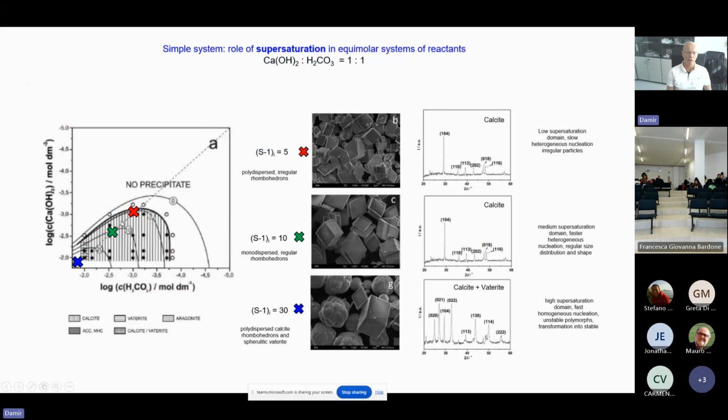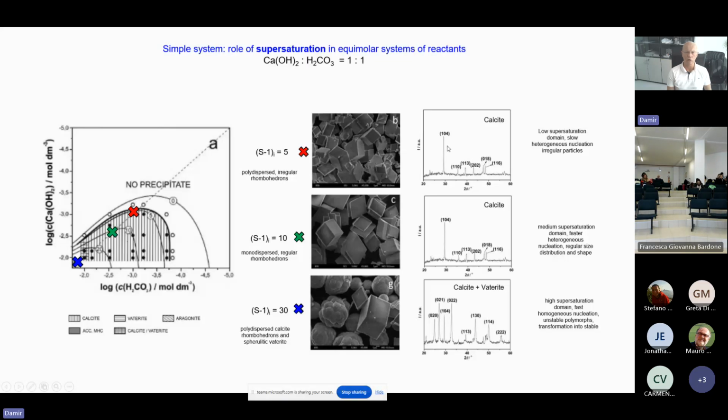These 3 points lie on this equimolar line. So it means that on this line the concentrations of calcium and carbonate are identical. So we investigate the system in which calcium hydroxide and carbonic acid are introduced in equal concentrations. We wanted to see what the properties of the precipitate will be at supersaturation 5, 10, and 30.